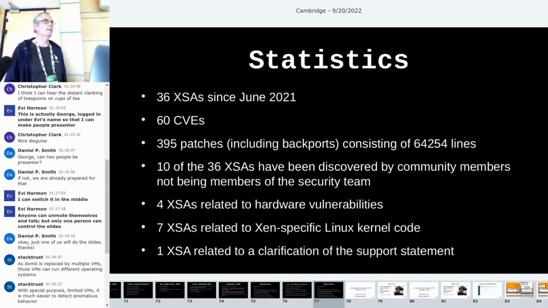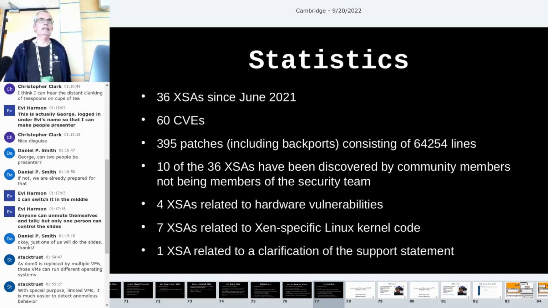I know Andrew is trying to write tests for at least some of the XSAs. Yeah, so regression tests are being written partially after the fact, partially, of course, during the development phase of the patches, to verify that the patches really fix the problem.